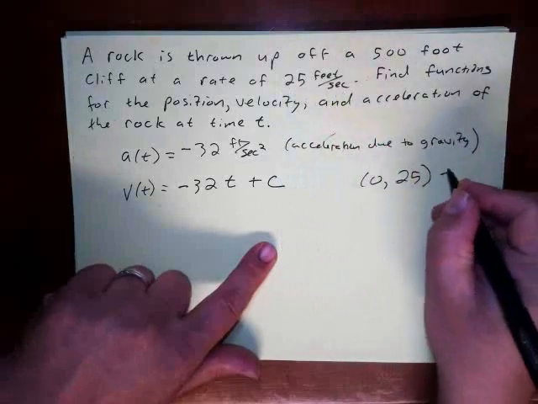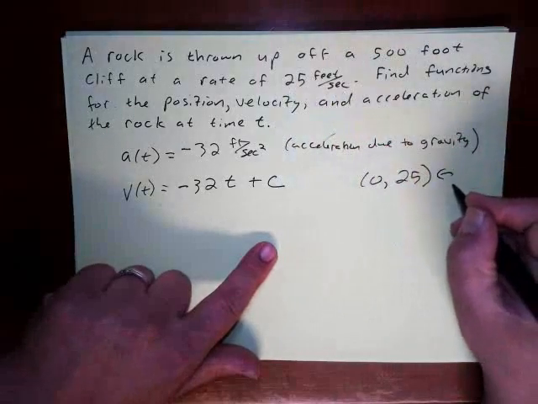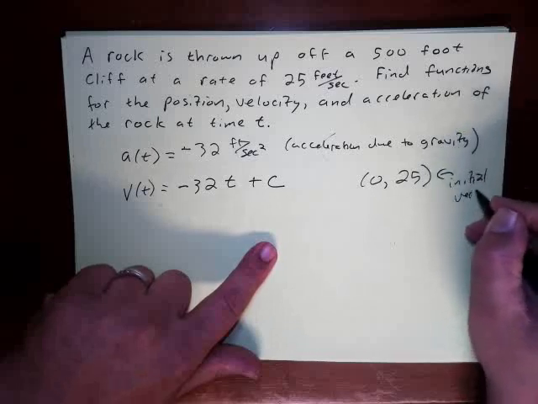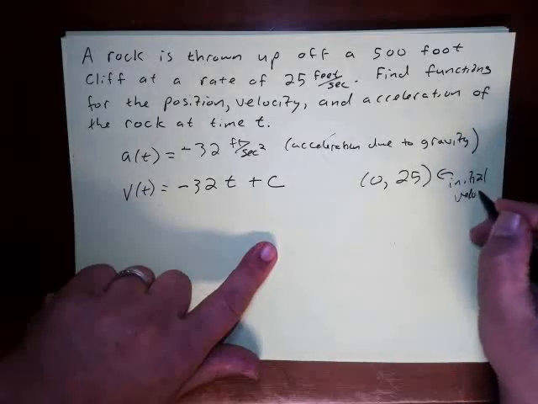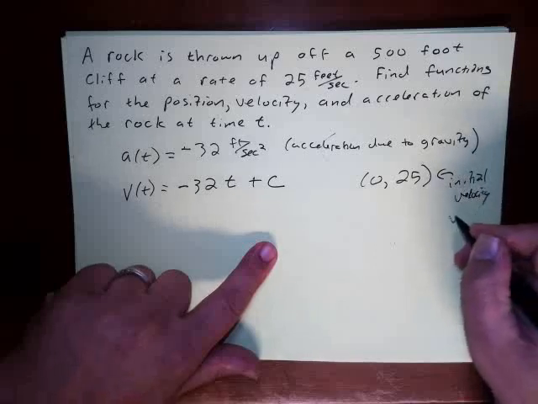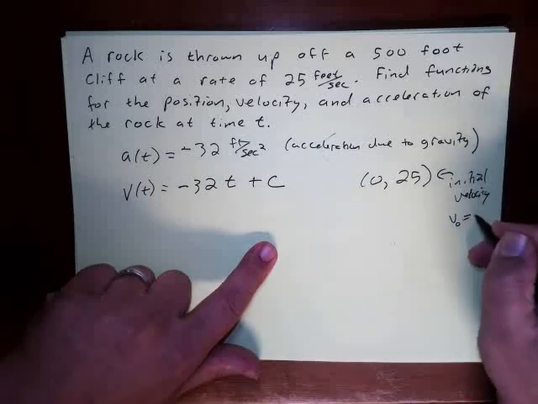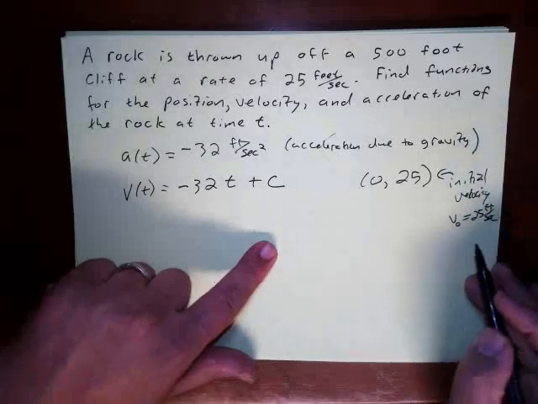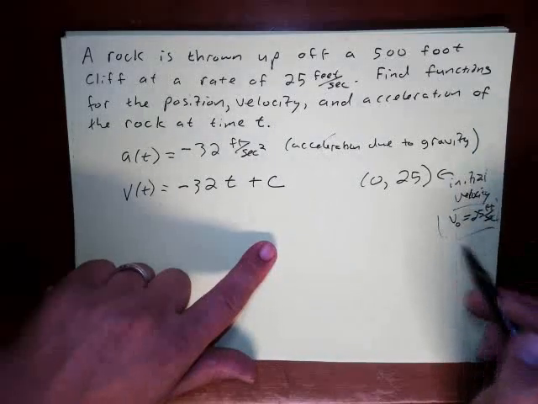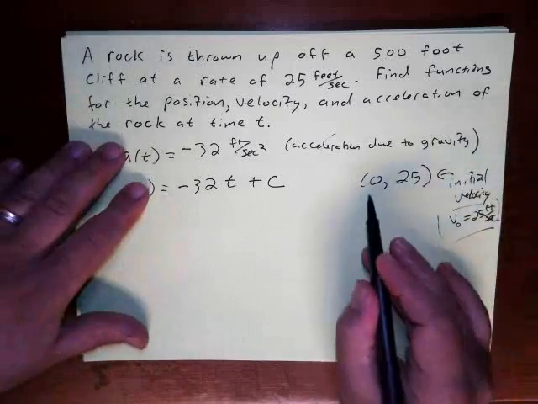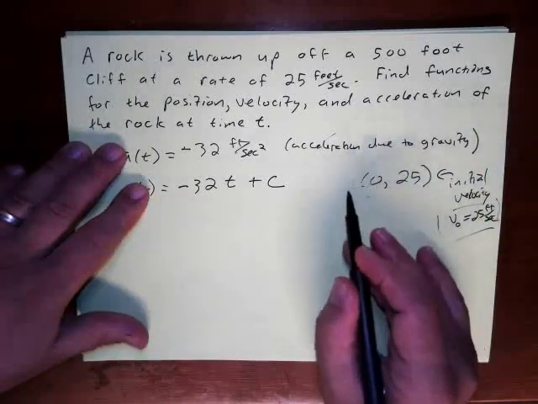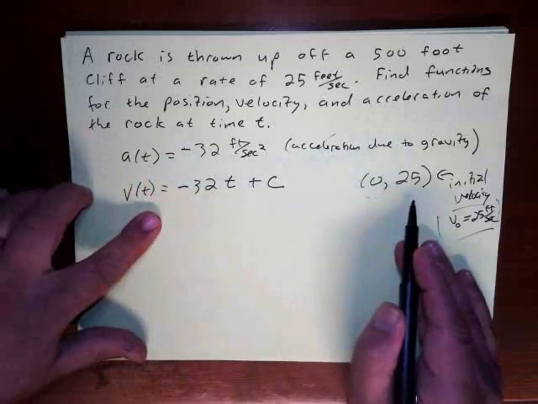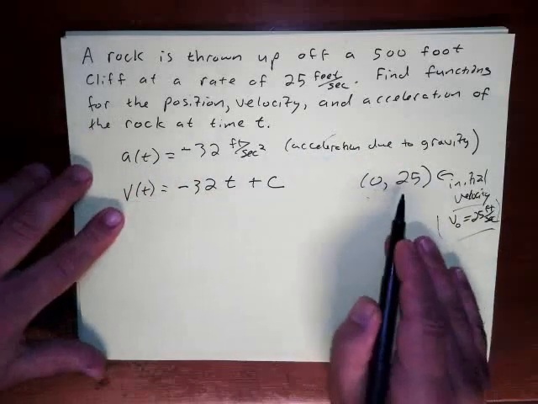So this is like the initial condition for velocity. Or we could say the initial velocity, v naught, is 25 feet per second, right? You can think of the initial velocity as being an ordered pair that the antiderivative has to pass through, right? So now I can plug this in.